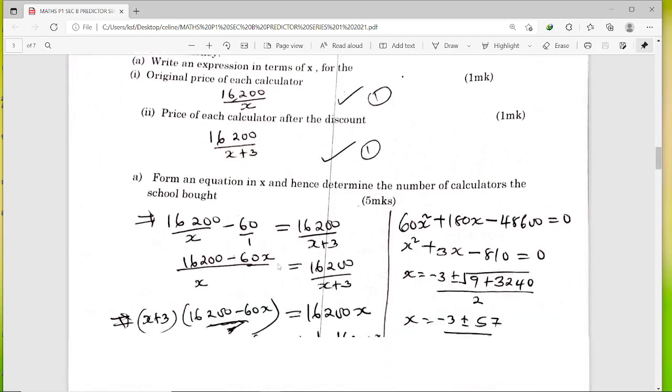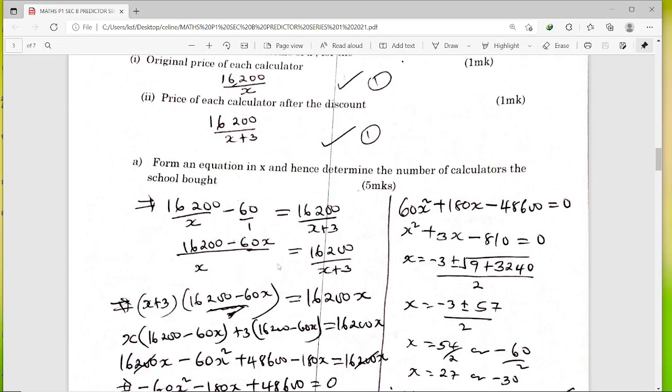Then form an equation in X and hence determine the number of calculators the school bought. So remember, we are told that he was given a discount of 60 shillings per calculator. So that means 16,200 over X, the original price, minus the discount, which is 60 per calculator, gives the new price after the discount, which was 16,200 over X plus 3.